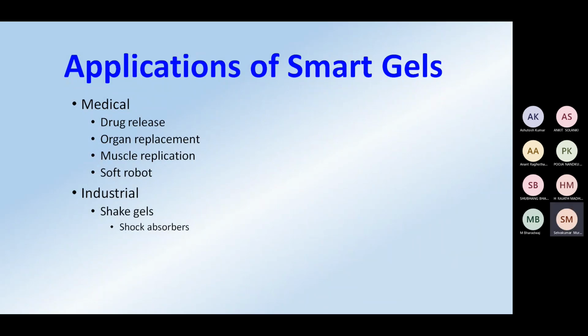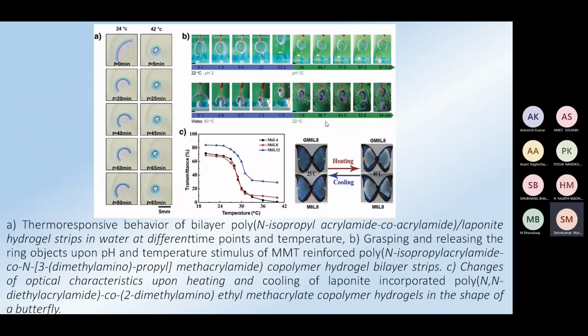And soft robotics also can be used to do some surgery. You can fabricate small-sized robots which carry drugs, etc. With the help of external stimuli, they can be taken into a specific part of your body, the tissue or the organ.